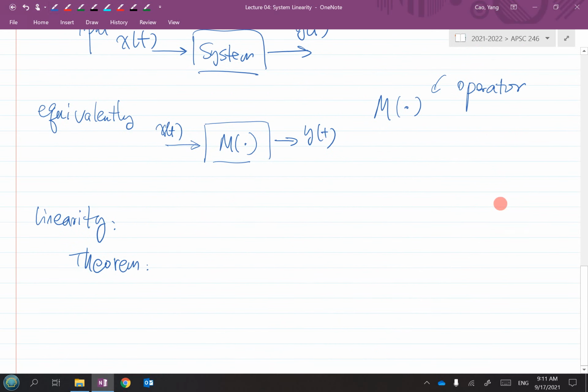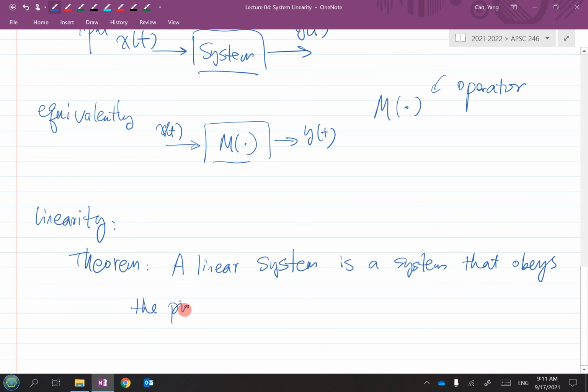A linear system is a system that obeys the following property. It has to obey two properties. One property is called homogeneity.